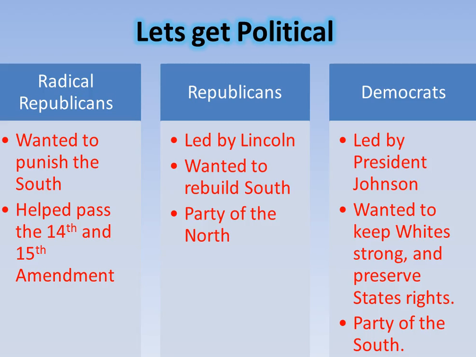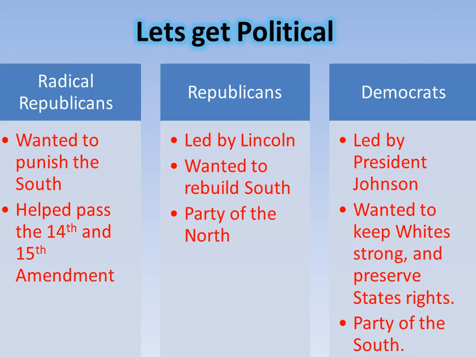They're all about states' rights and about preserving the privilege that whites had when slavery was in full swing. All right, and they're the party of the South. So Southerners really support the Democrats, while Northerners typically will support the Republicans. The Republicans will try to abolish slavery, while the Democrats will institute laws to try to preserve slave-like conditions for African Americans. And so that's the battle going on.